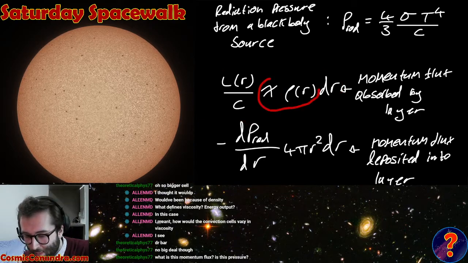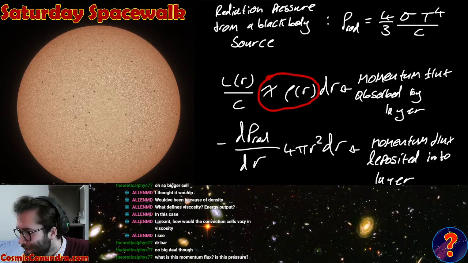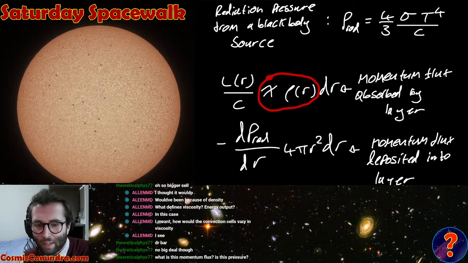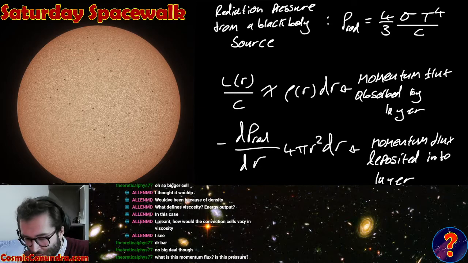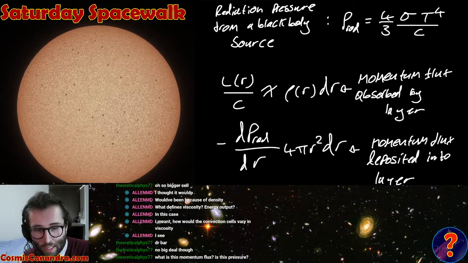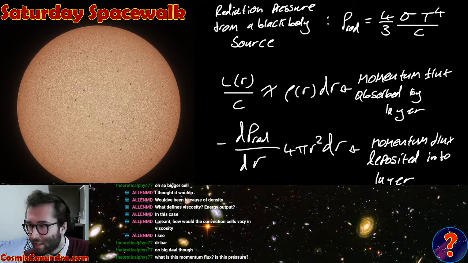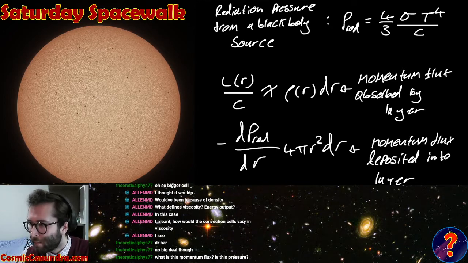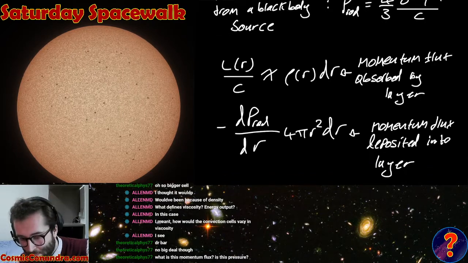And it's multiplied by this because it's defined in terms of per unit density, I think, or maybe it's per unit mass. I actually can't, I'll have to double check that. So this gives us how much momentum flux or how much pressure is exerted on the thing. I think it's better to think in terms of momentum flux because it's easier to think of momentum flux as being deposited. But momentum flux and pressure are the same thing, okay?